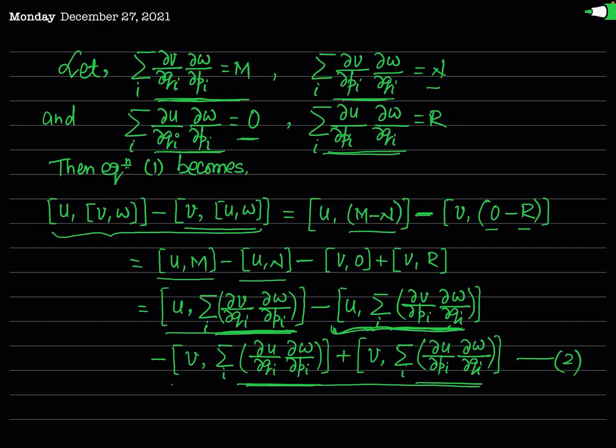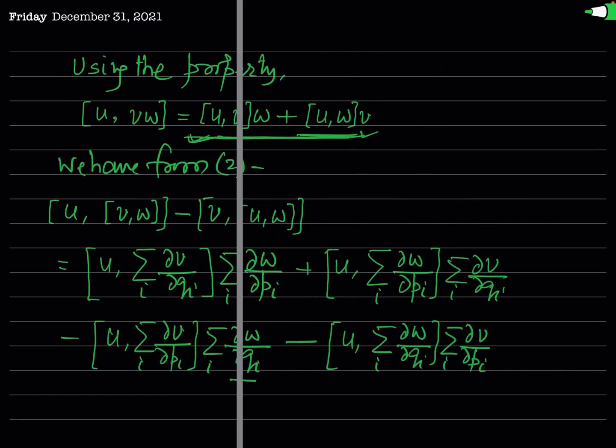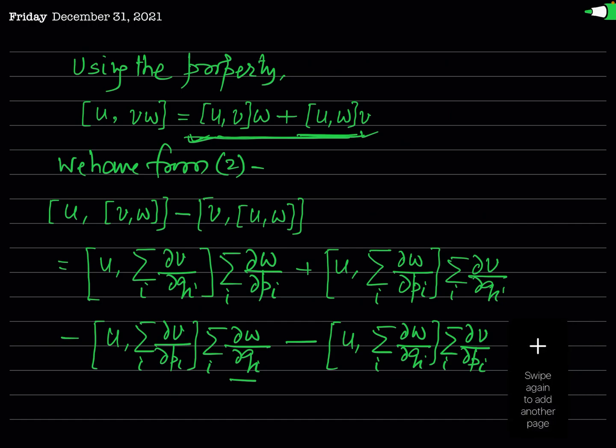Now for the third term, you can see there is a minus sign before this third term. So when you expand this third term by the use of that formula, again both of the terms will be negative, and you can easily write what will be this. See this term.